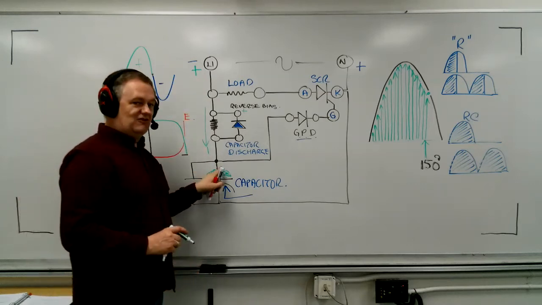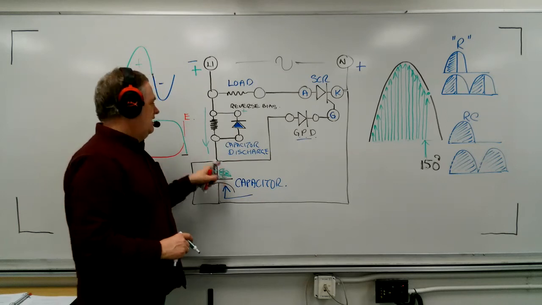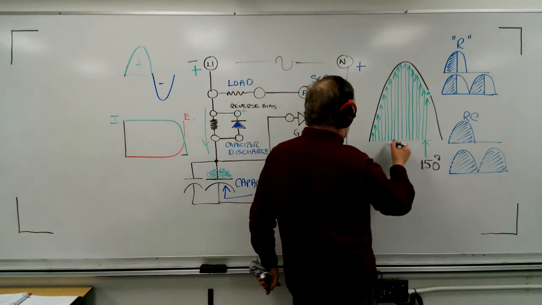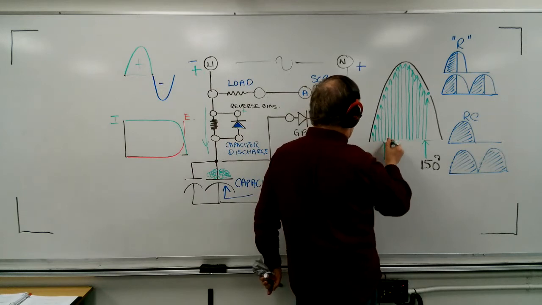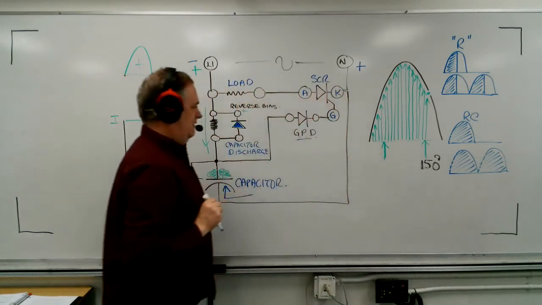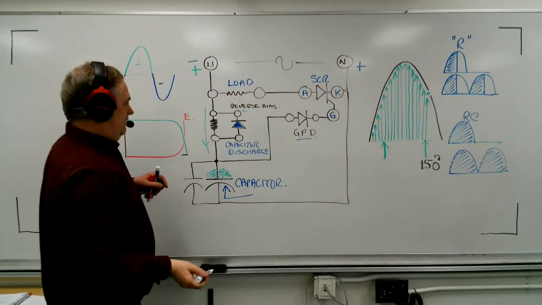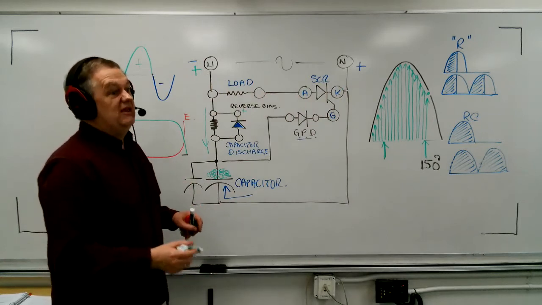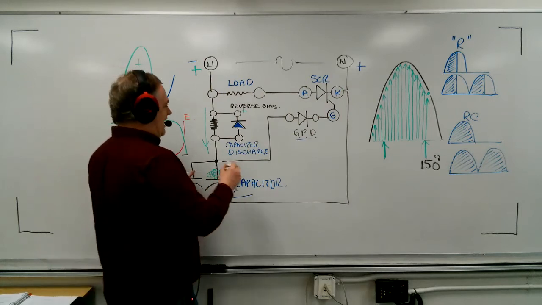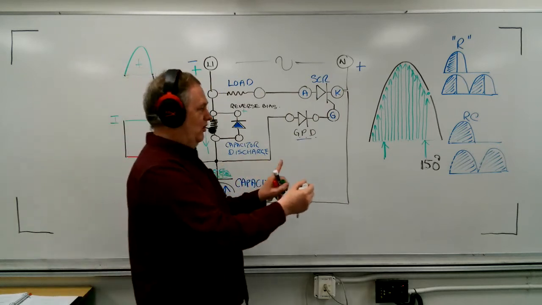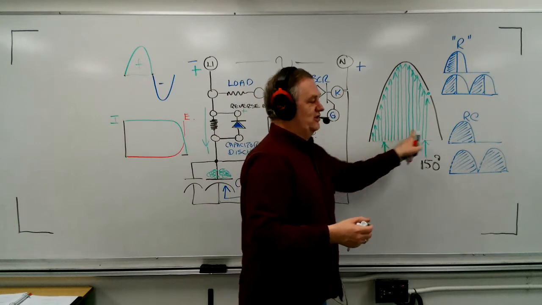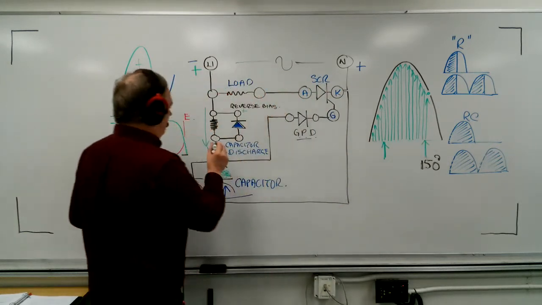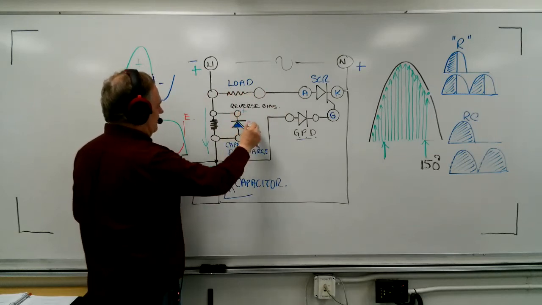Now, because this is already half full, it would fill up very quickly. So the next alternation, maybe my firing angle would be back here. And then it might be early, or it might not even fire. It might miss an alternation. And so what happens is our phase control, our control of this alternation, all of a sudden gets all choppy and screwed up. And so very, very important that this diode is placed there.